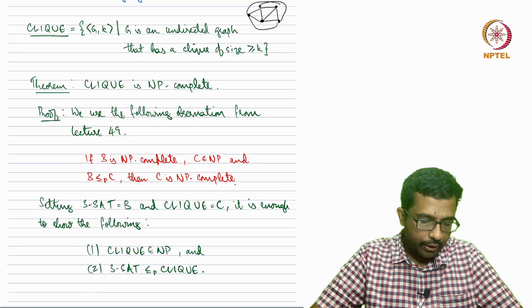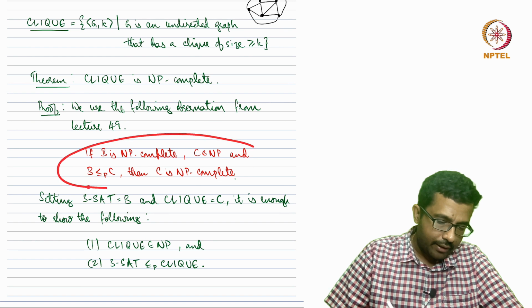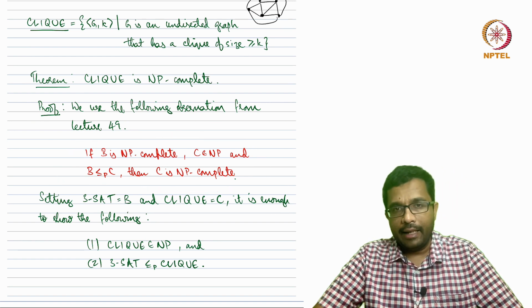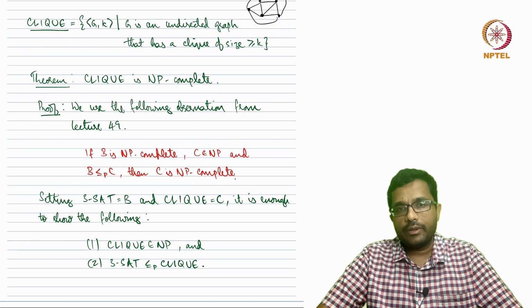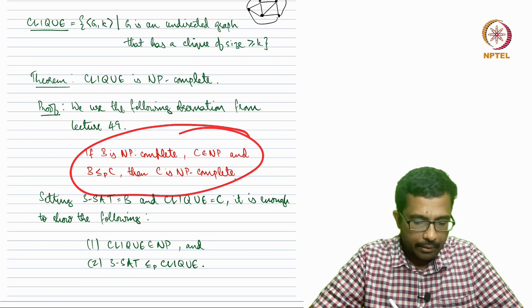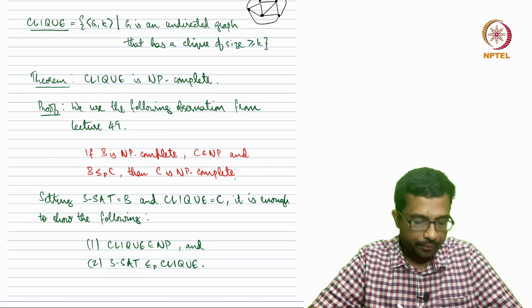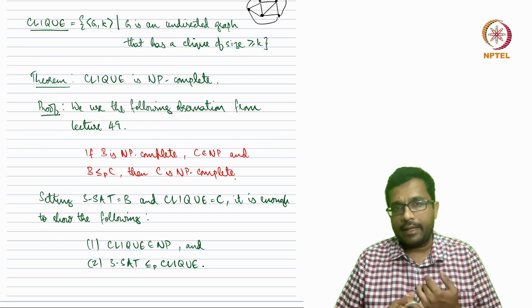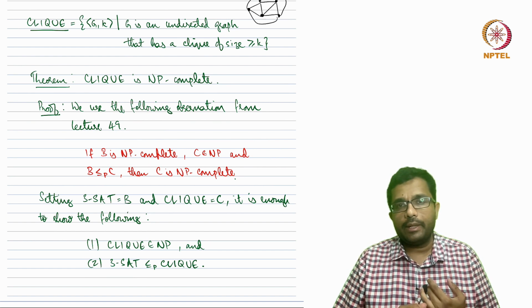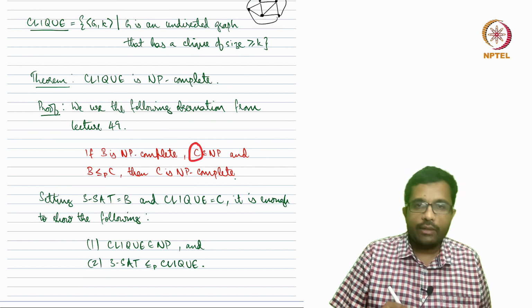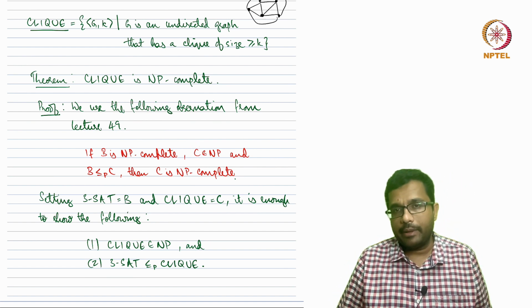So what we are going to be using is this result. Suppose B is NP complete, C is in NP, and B is reducible to C in polynomial time. Then all of these 3 together imply that C is NP complete. So the way we are going to do this is take a known NP complete language B, and let C be the language that we want to show is NP complete.